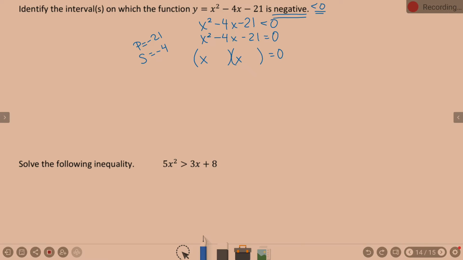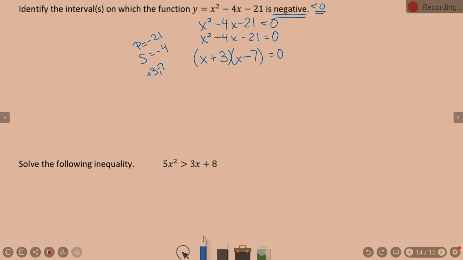Well, I've only got 2 choices, 1 and 21 or 3 and 7. 3 and 7? How do I make my 3 and 7 work? Multiply and get negative. One of them's negative. In this case, the 7's negative because we need them to add to be a negative.